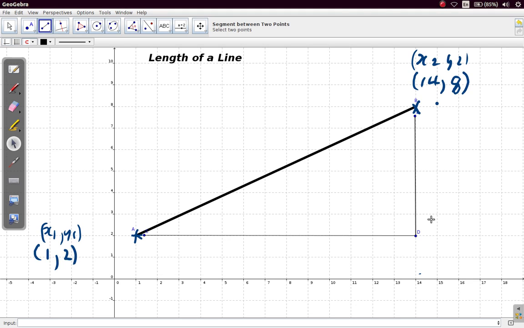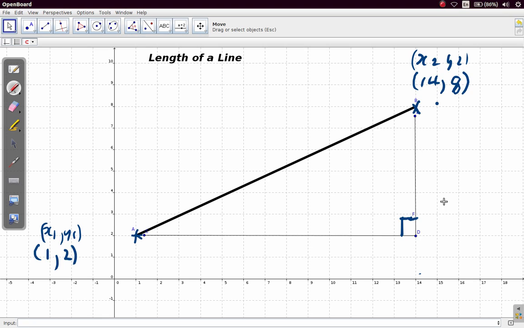Good. So these are the sides of the right-angled triangle, and we can see that we have our right angle right here, and the symbol for right angle, we can just put it right there.